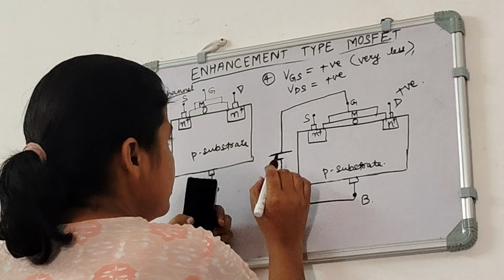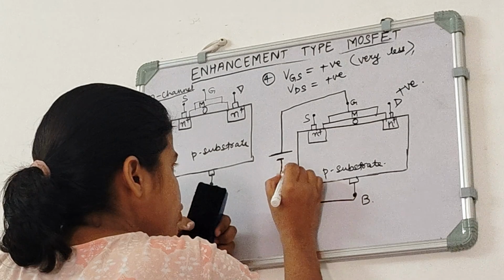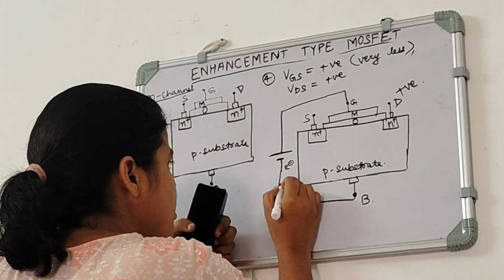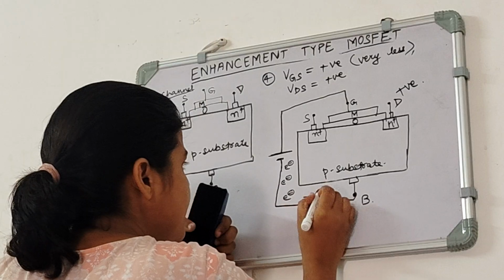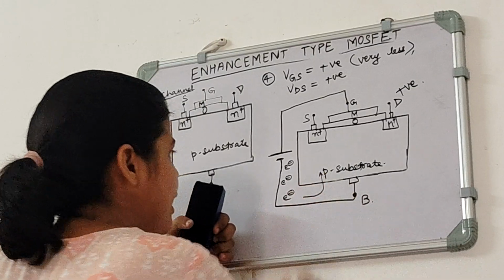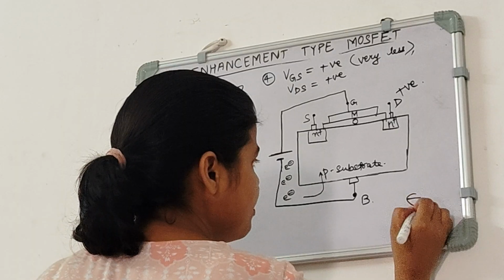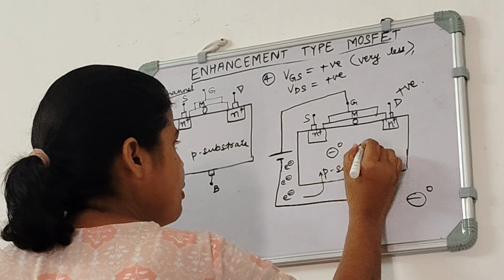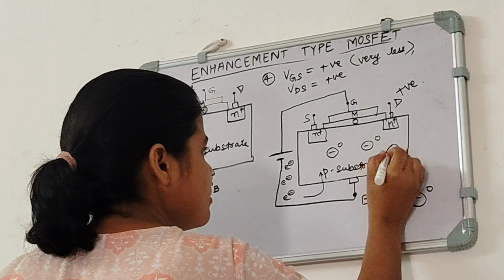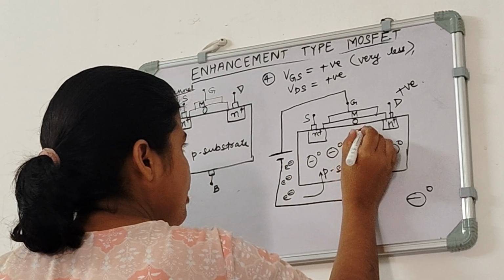Now, due to this negative terminal, electrons will travel from here to P substrate, and in P substrate we have negative ions paired with holes. That is, here we have so many negative ions paired with holes, everywhere.